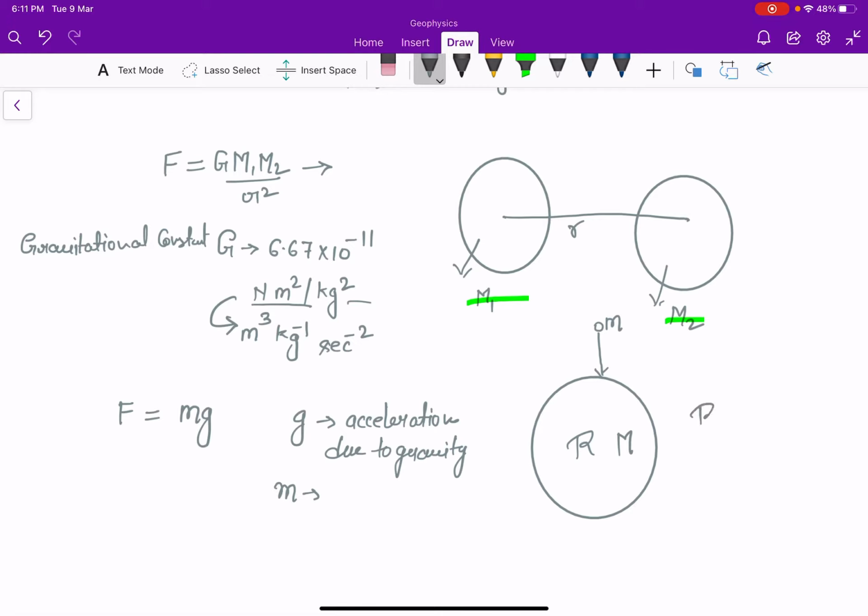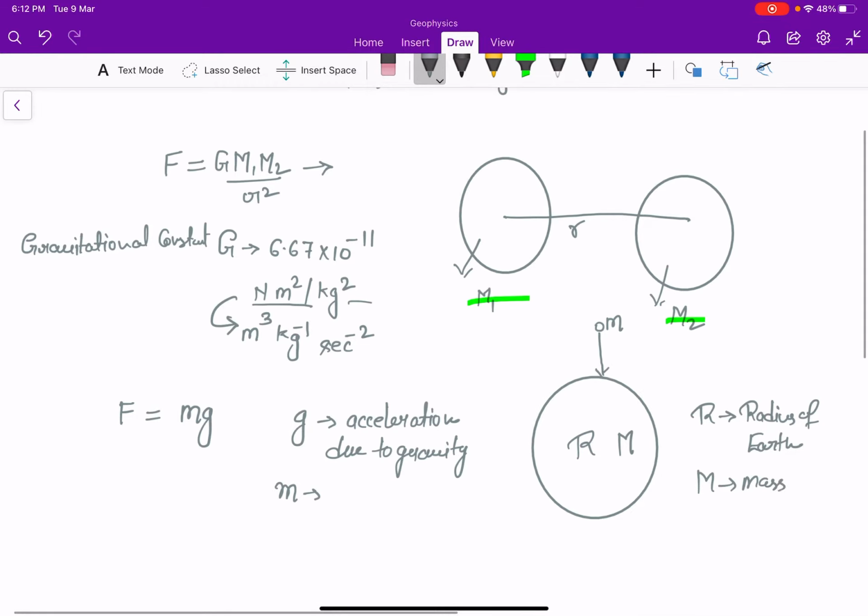So r is the radius of Earth, and capital M is the mass of the Earth.